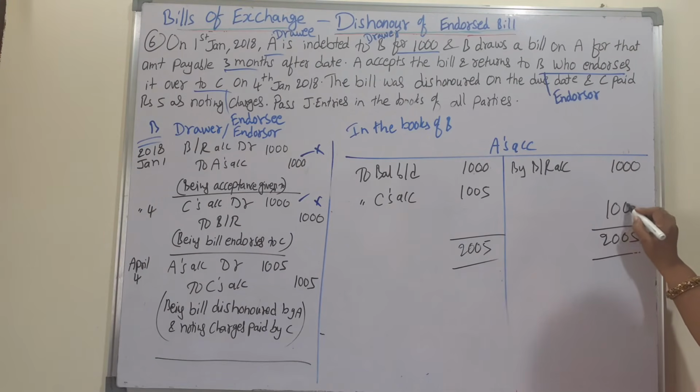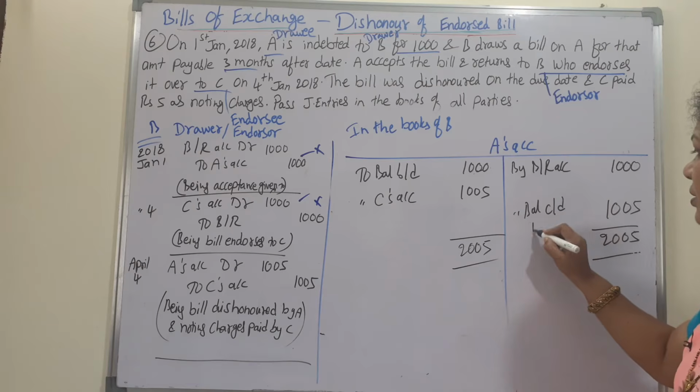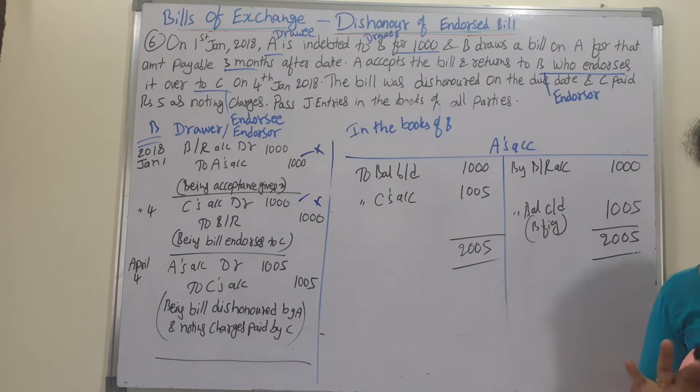Balance amount is 1,005, balance carried down. That is the balancing figure. So 1,005 rupees balance is there in the account of A.